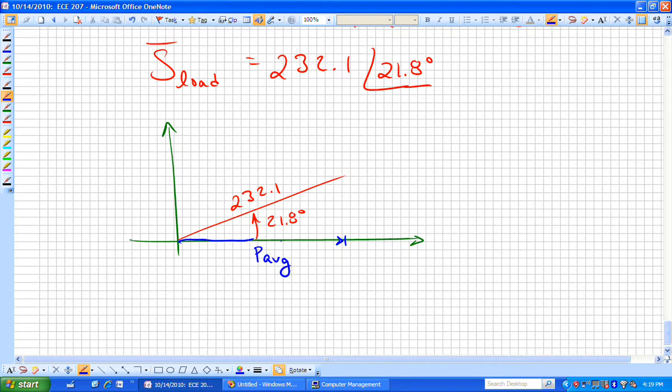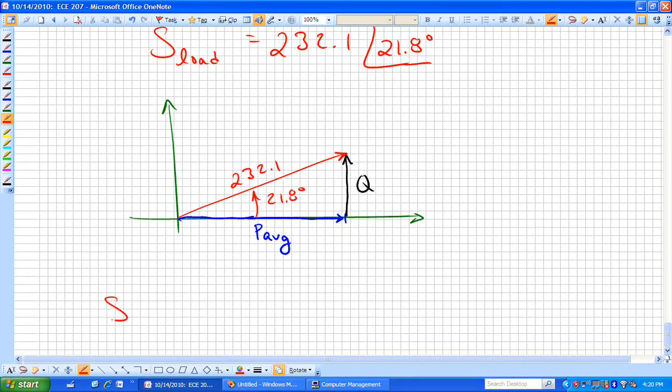That's this real part, or the adjacent side of that right triangle. And here is our reactive power, Q, to get us up to that tip of the complex power phasor right there.